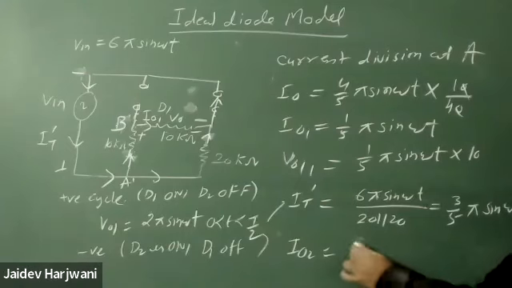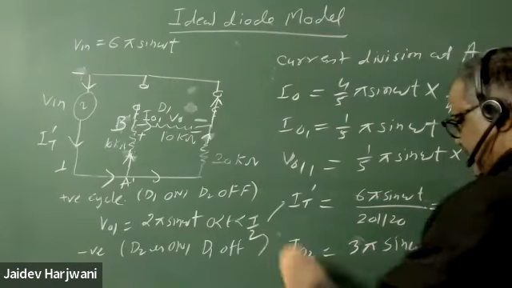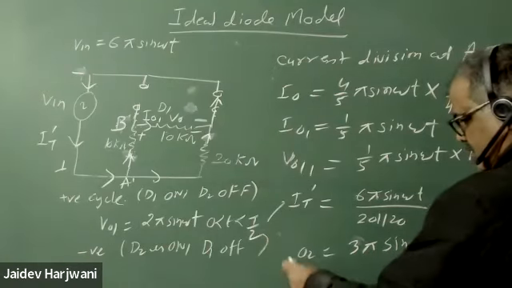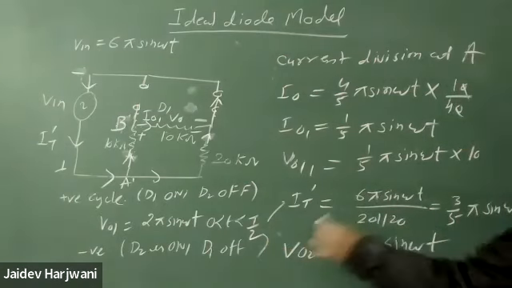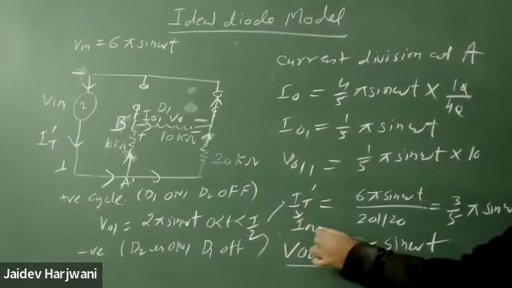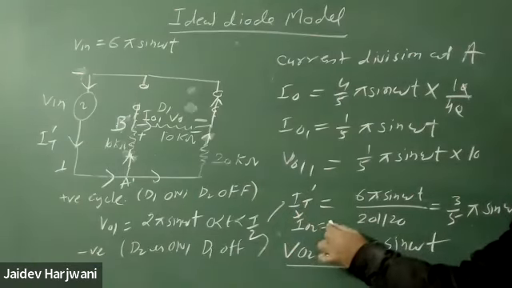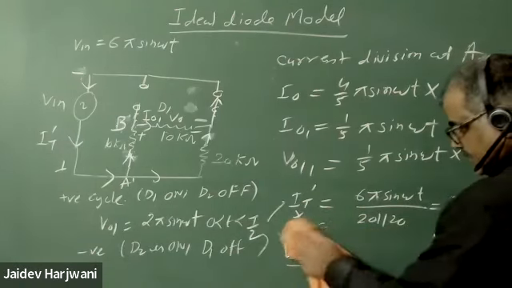So the final answer comes 3 pi sine omega t. Very good. The final answer is the output V naught 2. You have to calculate current I naught 2, I naught 1 also, I naught 2 calculate, and then V naught 2. I naught 2 will be half of this one, 3 by 10. Let me write here.